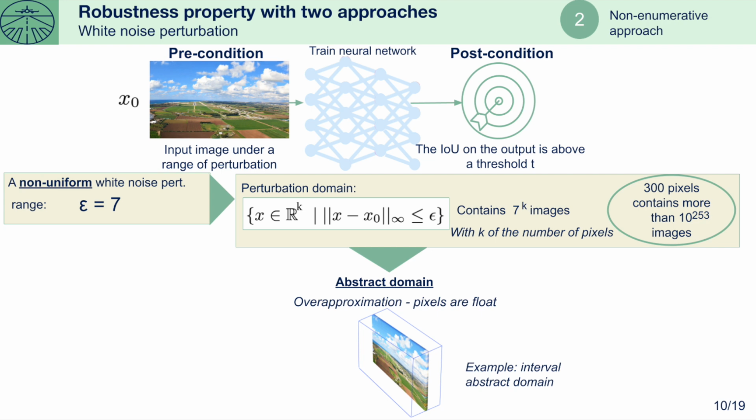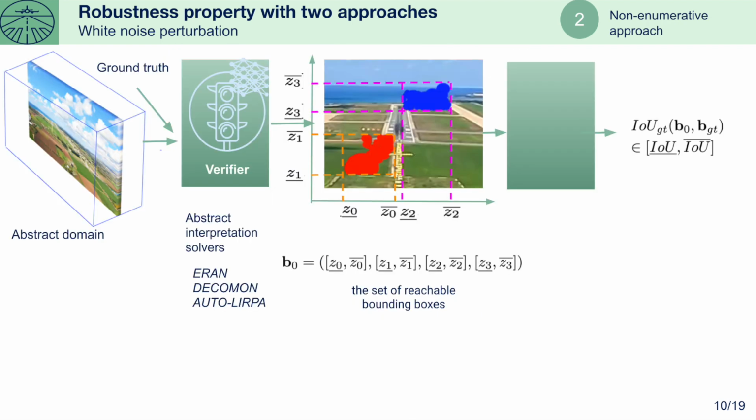Then we can establish another pipeline. Let's take an abstract domain as input and a ground truth, and use some abstract interpretation solvers, such as ERAN, Decommon, Autolirpa. Thanks to these abstract interpretation solvers, we can obtain the set of reachable bounding boxes quite quickly.